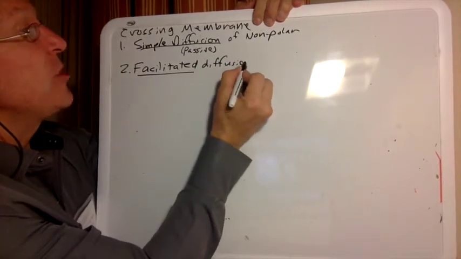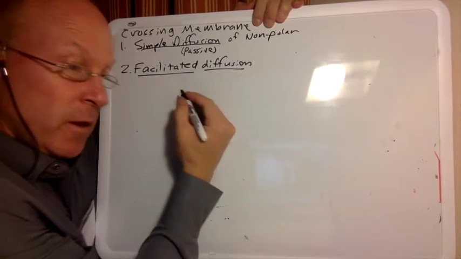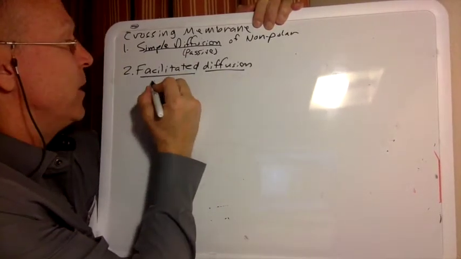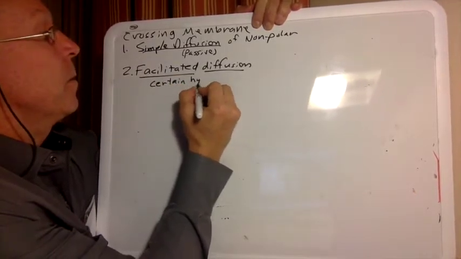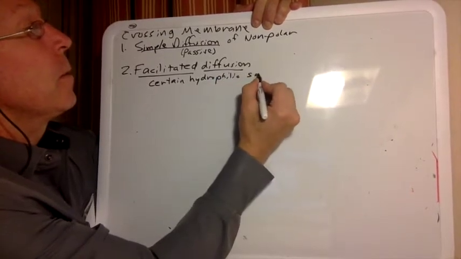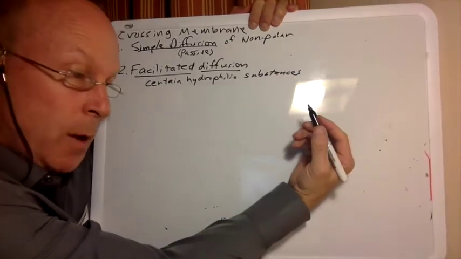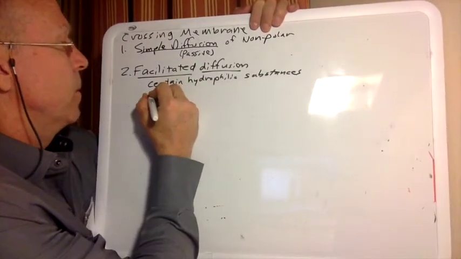So this is the catch-all term. Facilitated diffusion is where certain hydrophilic substances go through transport proteins.